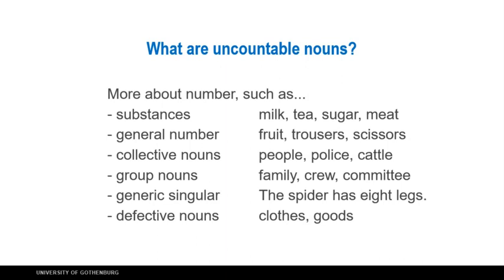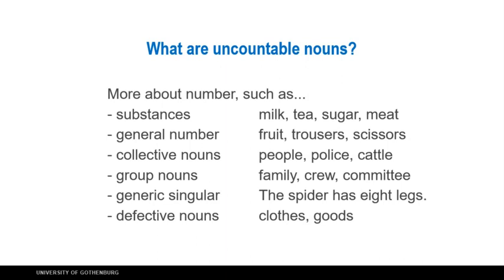Then there are collective nouns that have a singular form but denote many objects or persons. And there are group nouns that have both a singular and a plural form, but already the singular denotes many objects or persons.